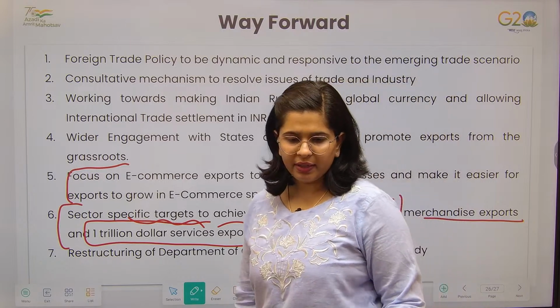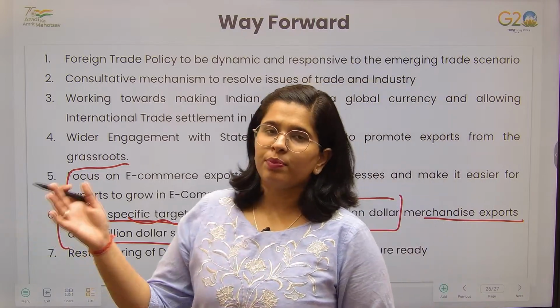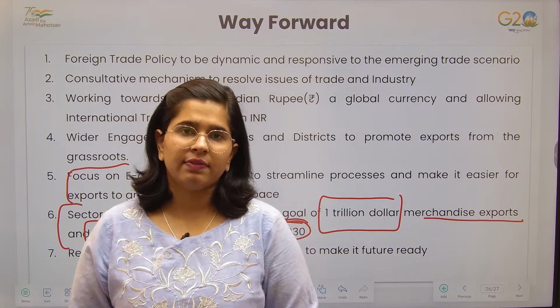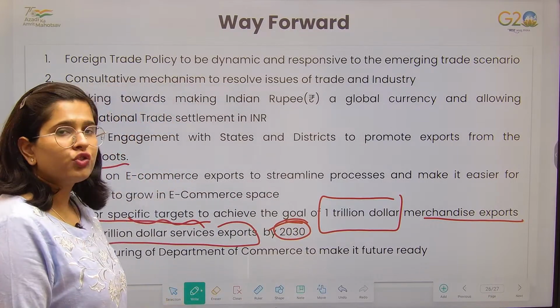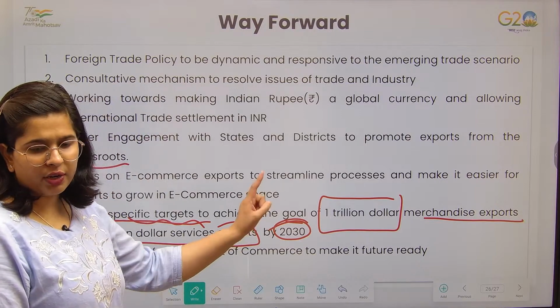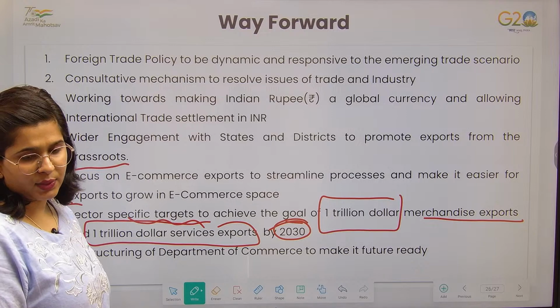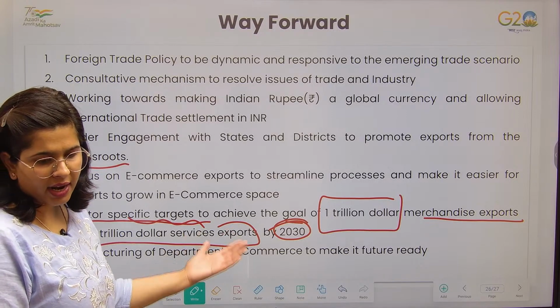That means by 2030, if I combine both merchandise as well as service exports, government wants to achieve a figure of $2 trillion, $1 trillion in merchandise and $1 trillion in services exports, and the rest of the things are similar.